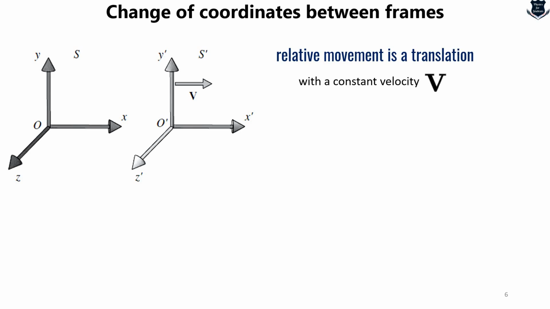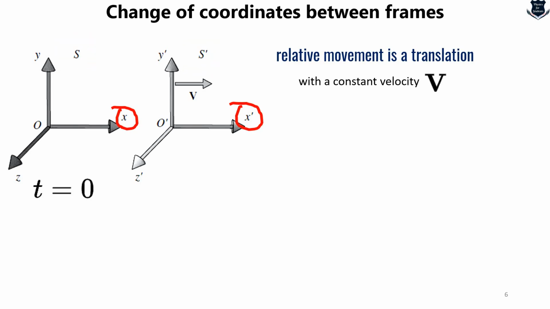For simplicity, the frames of reference S and S prime will be chosen in such a way that their axes are coincident at t equals 0, and their x and x prime axes have the direction of the relative movement.